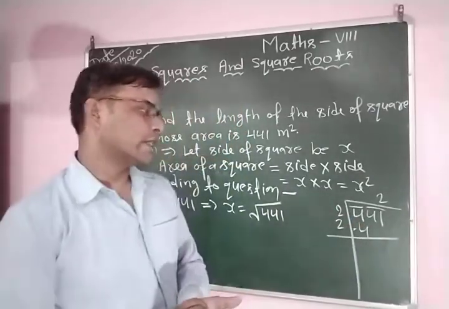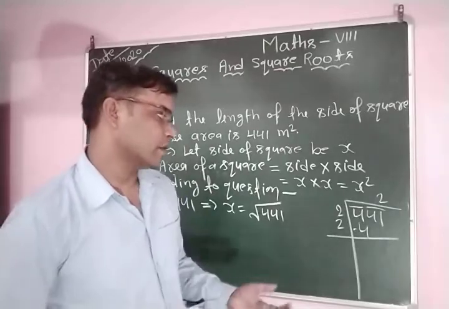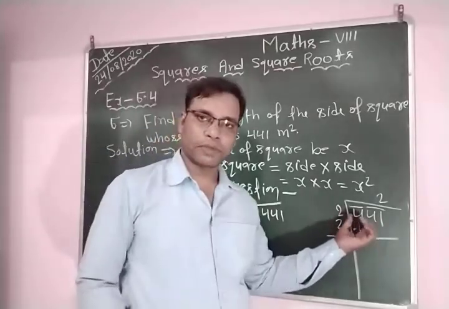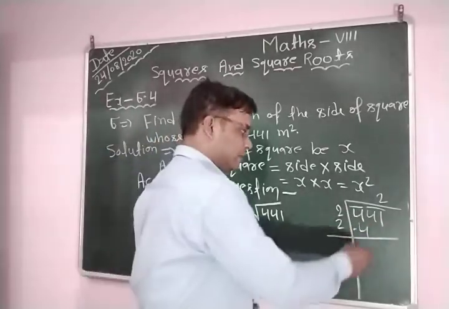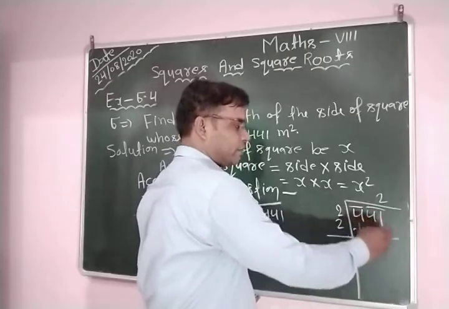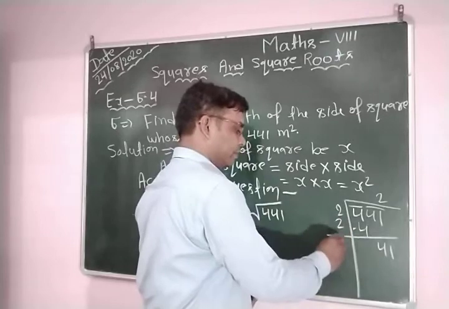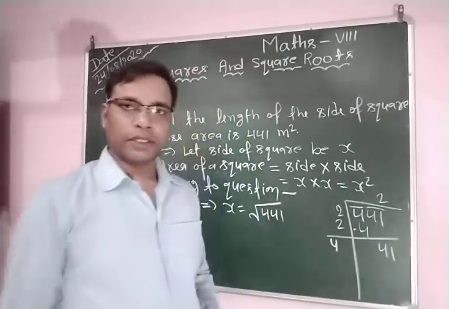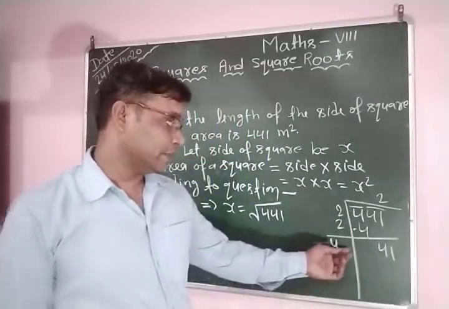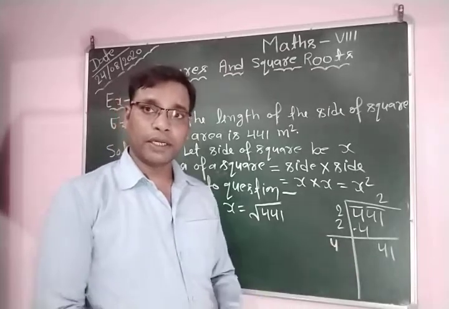Clear? The square of 2 is 4. After this we subtract this 4 from this 4 and obtain 0. Okay, now we bring down the next pair, this is 41, and then 2 plus 2, this is 4, and we leave one place for the new digit.